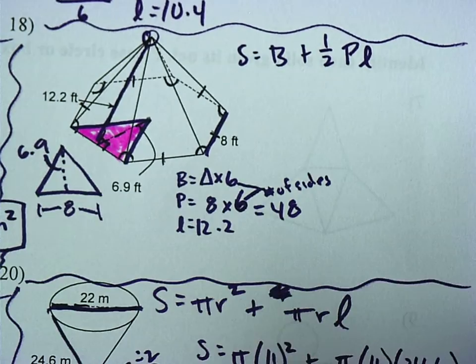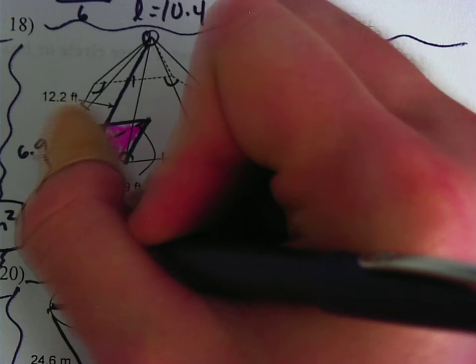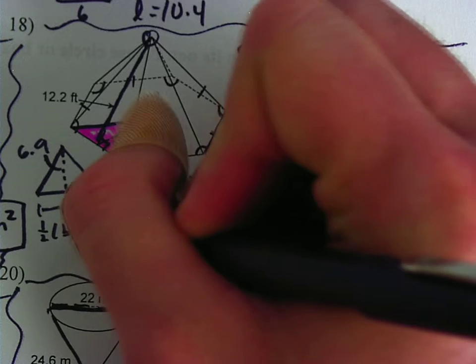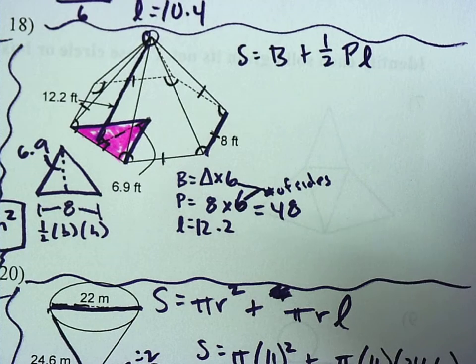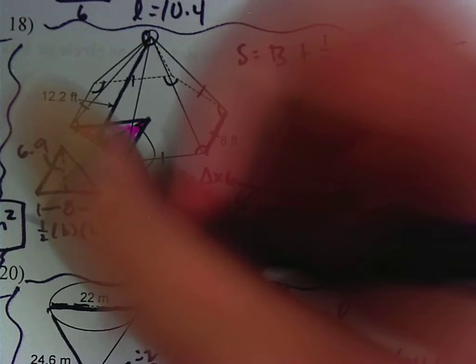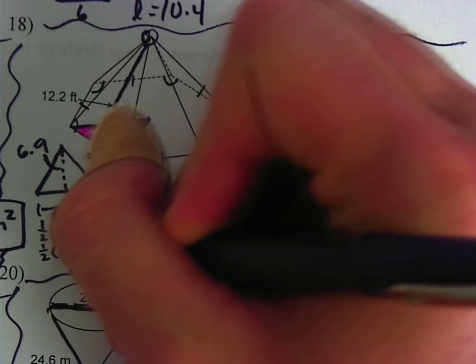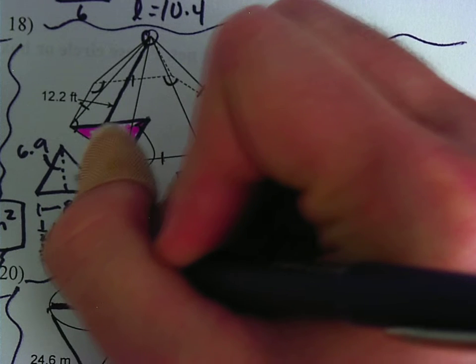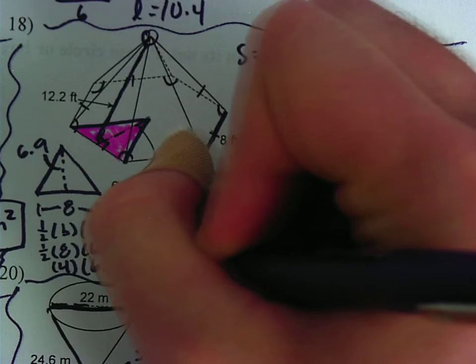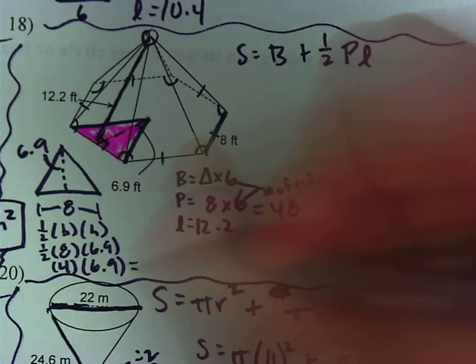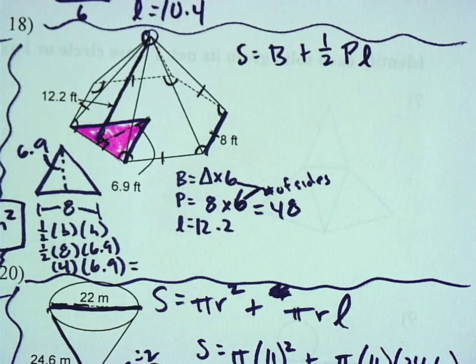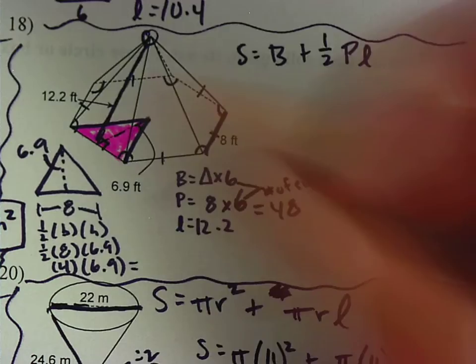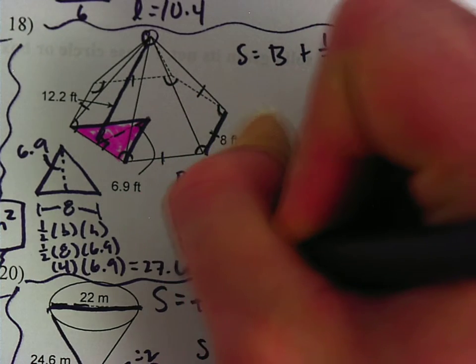That's really convenient because to find the area of the triangle, we have to do 1/2 base times height. So we have 1/2 of 8 times 6.9, or 4 times 6.9. That's going to equal 27.6.